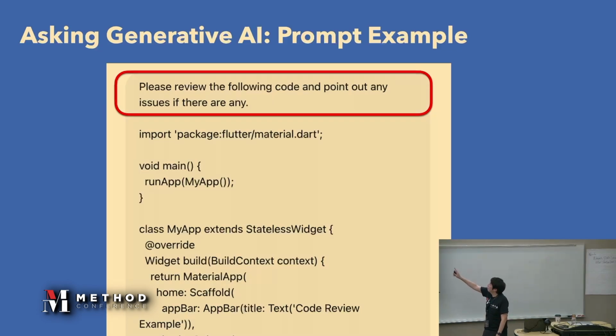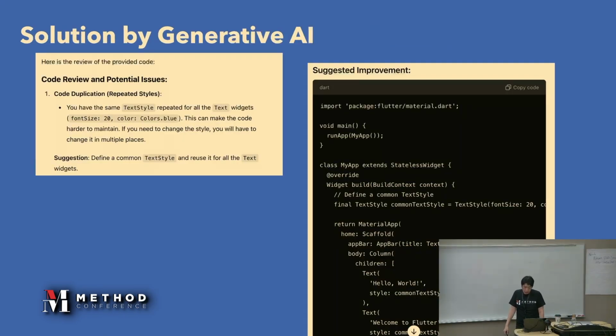Please review the following code and point out any issues if there are any. After throwing this prompt to generative AI, it would answer my request. Generative AI would answer: okay, code duplication, as we expect.